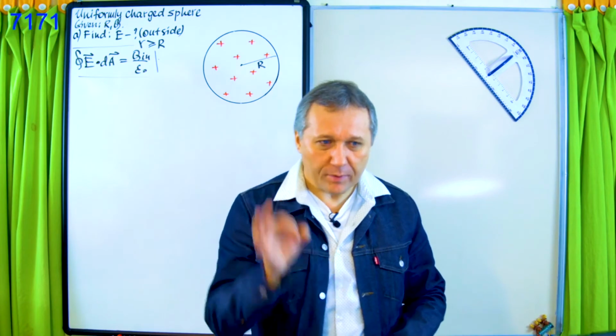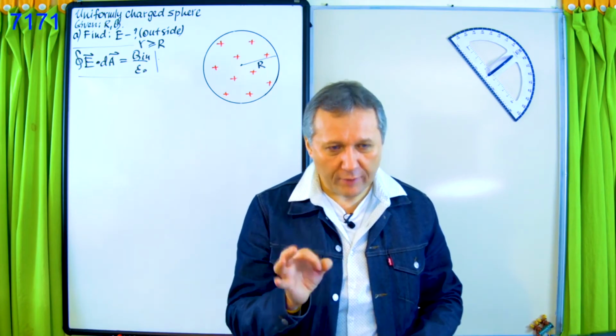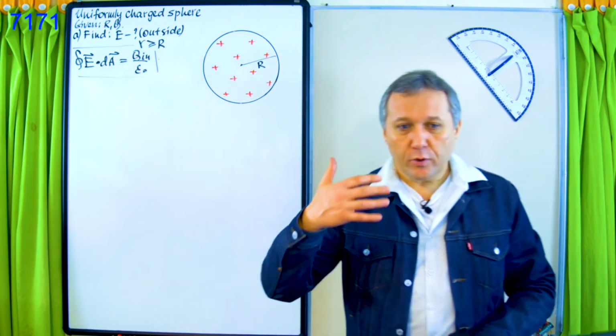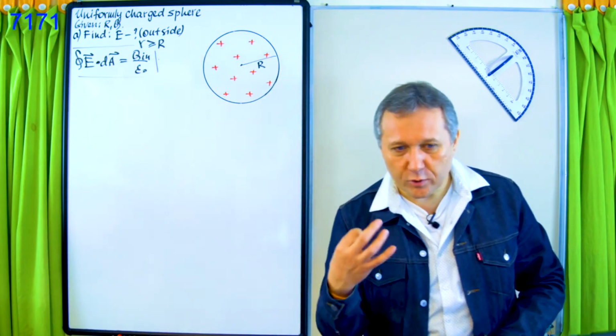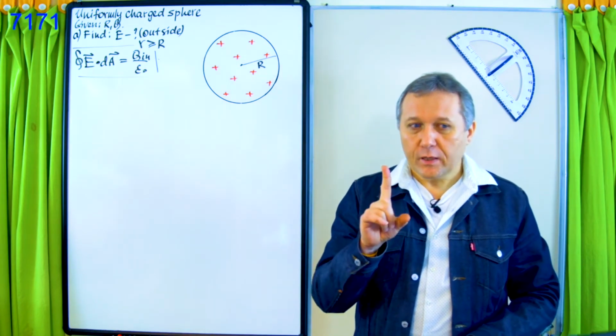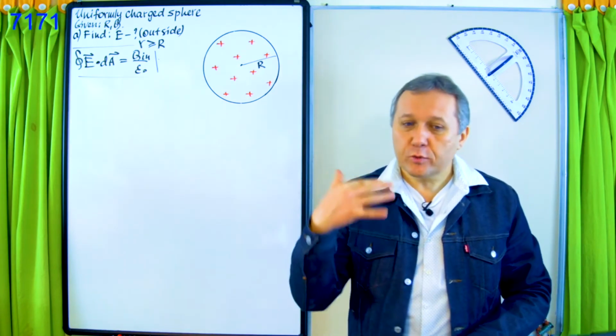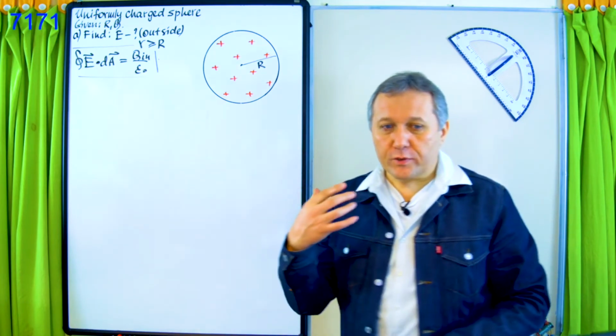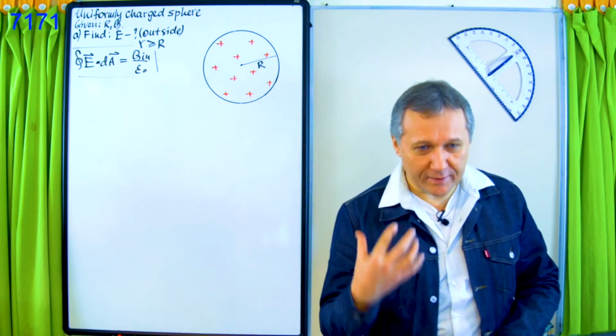So the first step must be, you have to pick a Gaussian surface. And you remember, you have the freedom to pick any Gaussian surface you want. But before that, where should that Gaussian surface be? Of course, in the region where you want to find the electric field.